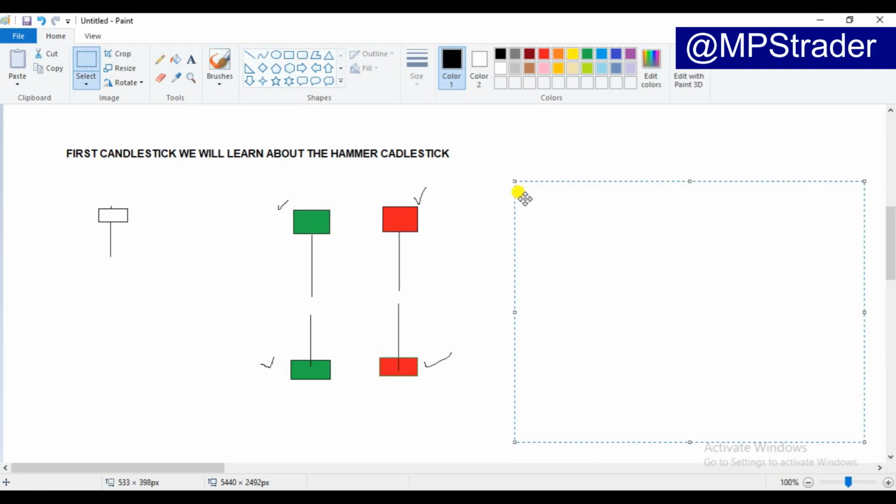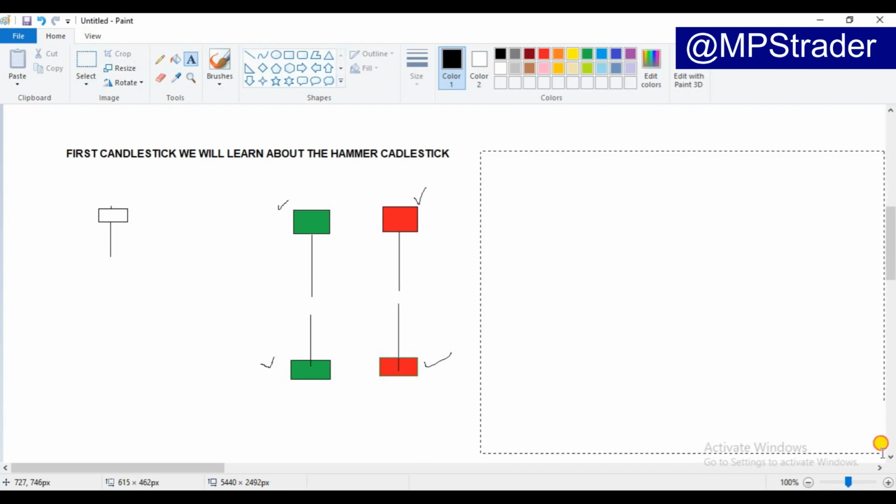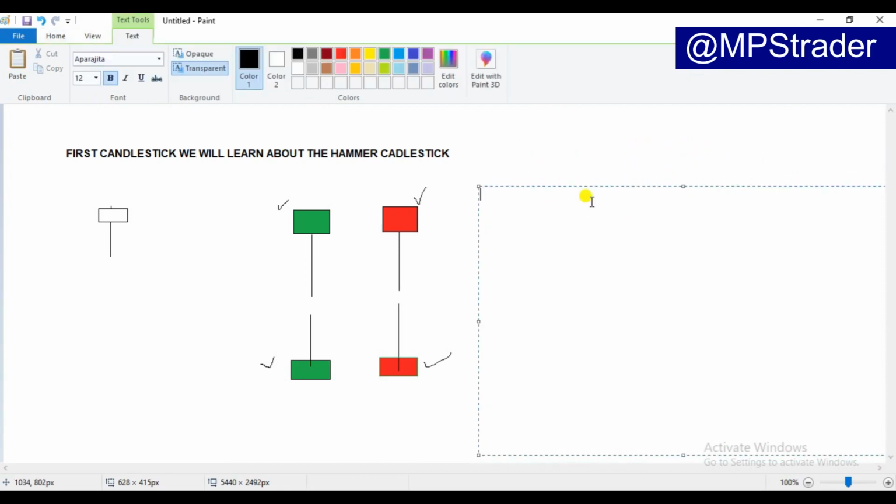According to the rule book of trading, a hammer is a reversal as well as a continuation candlestick.